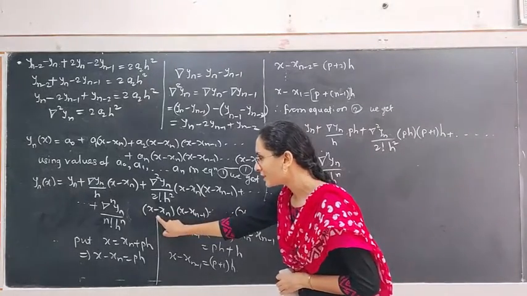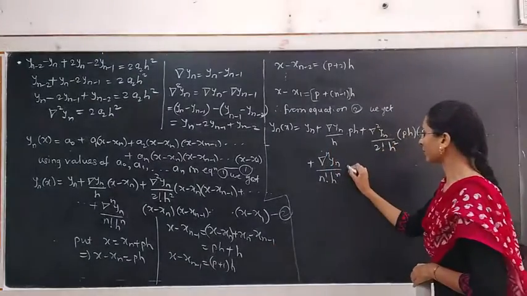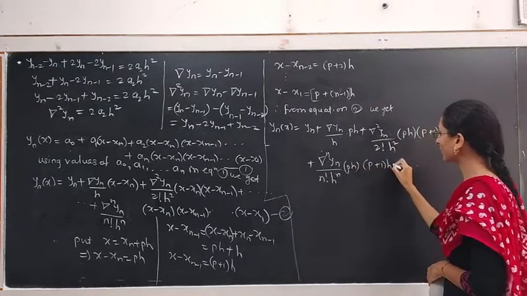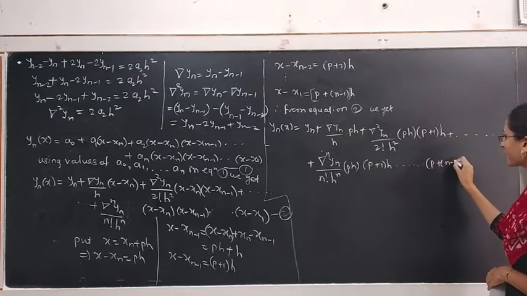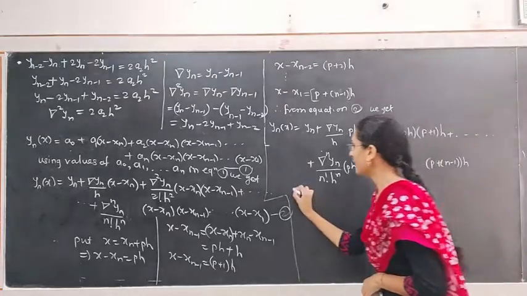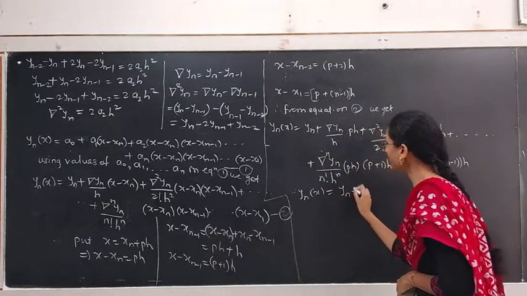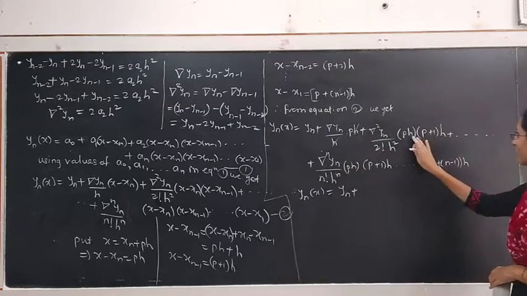The first bracket in the last term is x minus xn, its value is ph, into (p plus 1) into h, up to (p plus n minus 1) into h. Hence, yn of x is equal to yn plus, this h is cancelled with h in the denominator.